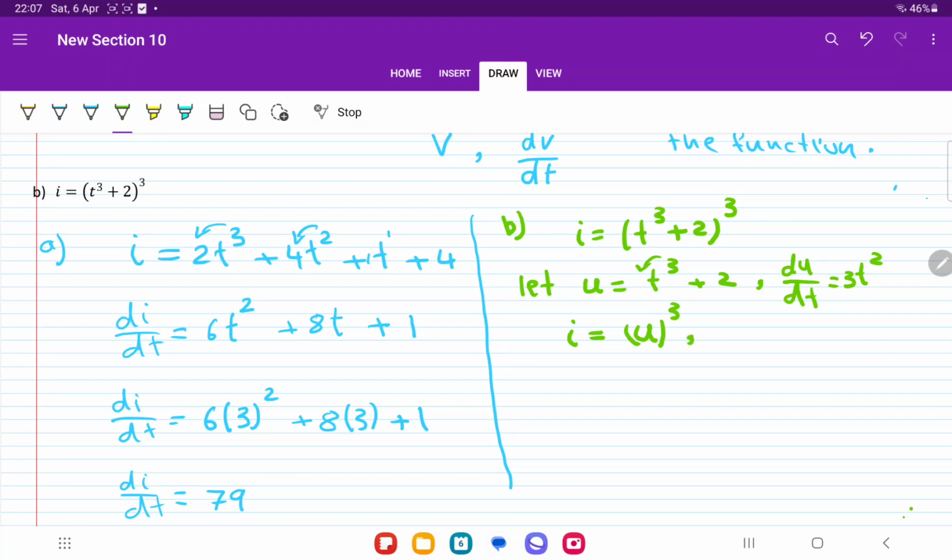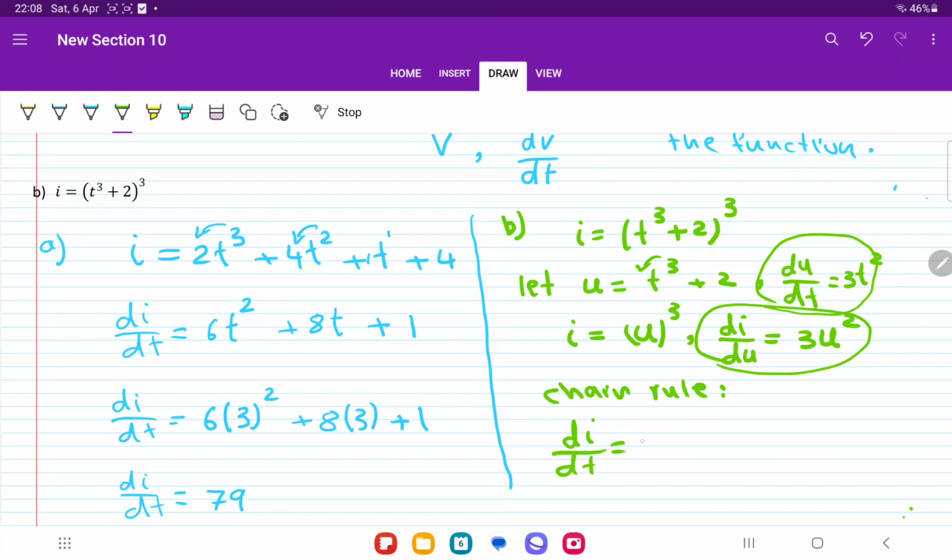Same thing here. If we differentiate I with respect to u, bring the power to the front and subtract 1 from the power. And the formula for the chain rule was di by dt is basically we're going to multiply that by that.